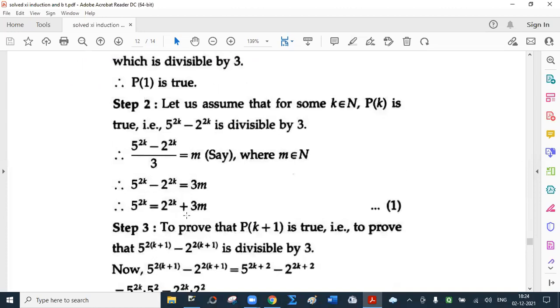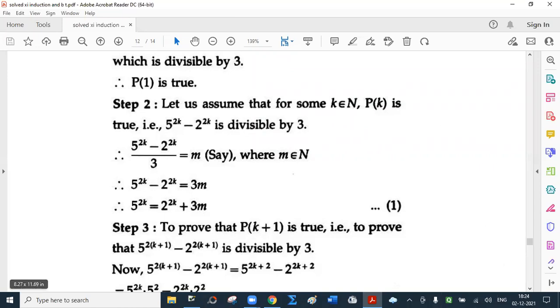Now, step 3. To prove that P of k plus 1 is true, that is to prove 5 raised to, please do not write 2k plus 1. Previously it was 2k. Now it will be 2 times in bracket k plus 1 minus 2 raised to 2 into in bracket k plus 1 is divisible by 3. Now we consider this part separately.